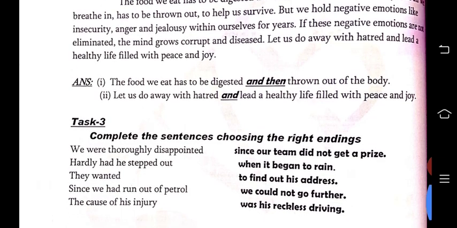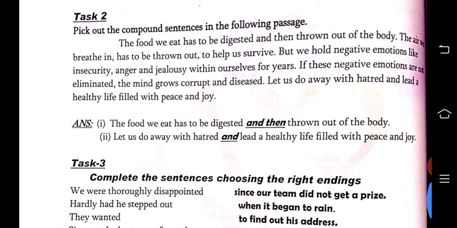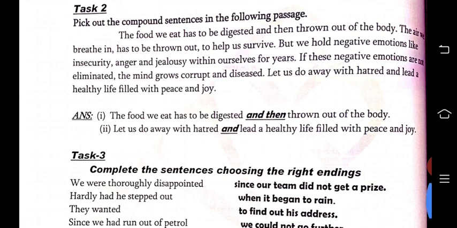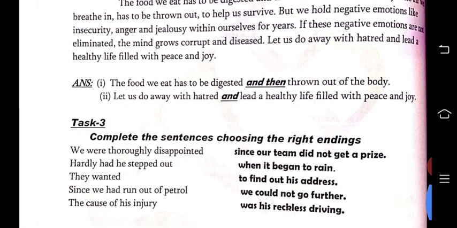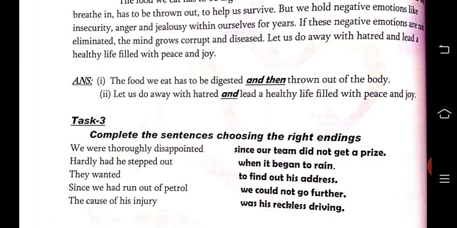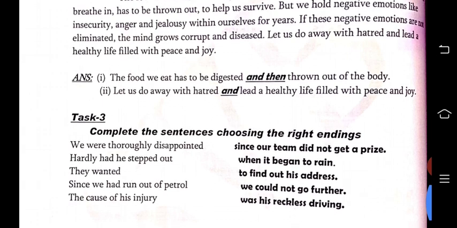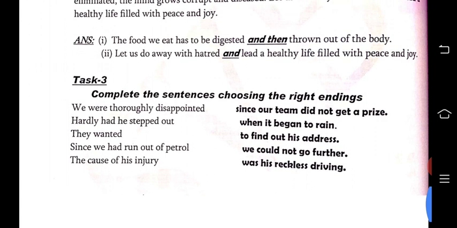So here, the food we eat has to be digested and then thrown out of the body has two main clauses and one subordinate clause, isn't it? Then, let us do away with hatred and lead a healthy life filled with peace and joy: again a coordinating conjunction.